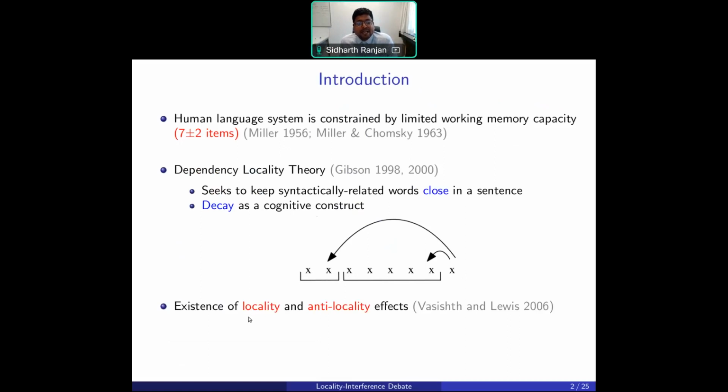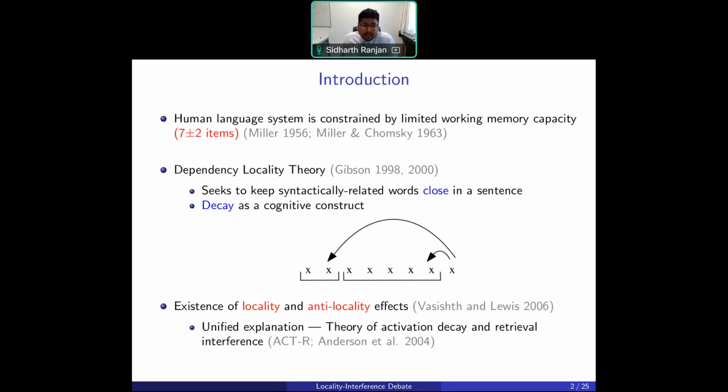However, in addition to locality effects, there is a long body of work that also shows that anti-locality effects are quite prevalent in several languages. Therefore, Vasishth and Lewis provide a unified explanation in the form of the theory of activation decay and retrieval interference.